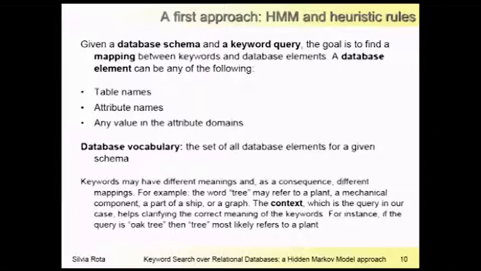As you may notice in the example I wrote, keywords may have different meanings, and it's important to disambiguate the meaning. The other keywords in the keyword query need to be taken into account in order to disambiguate, because otherwise we have no way to distinguish, since there are no indexes. So the context is very important to disambiguate the semantics.